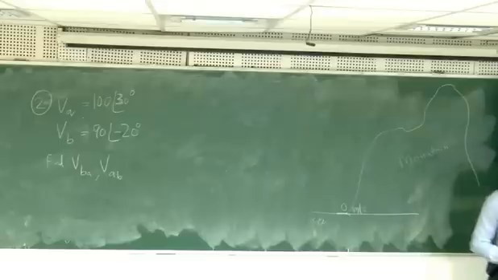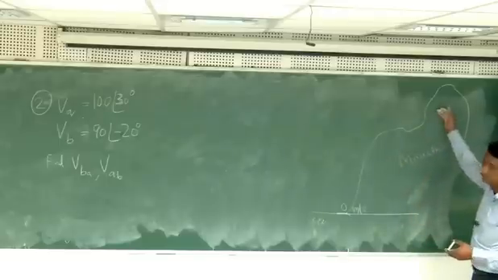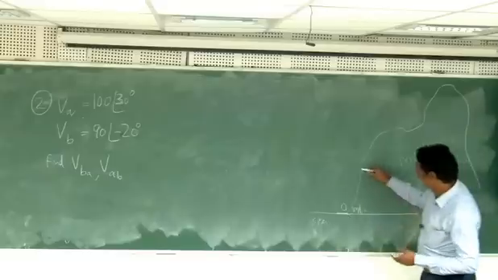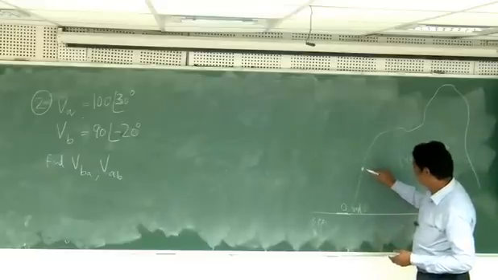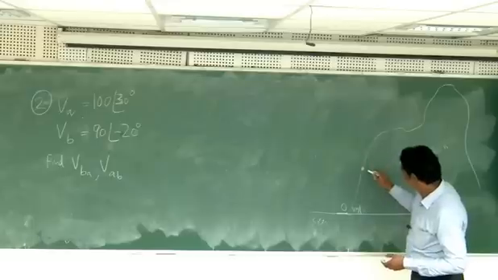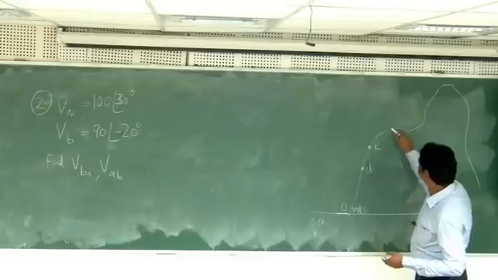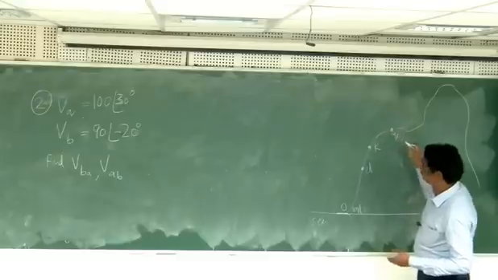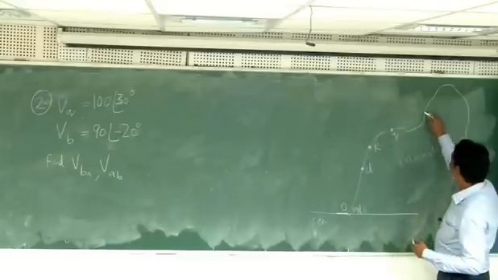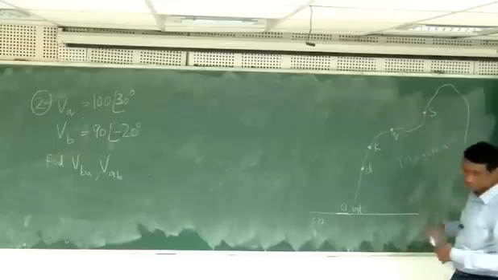So now at different points you will have different heights. Let's call this point D, and let's call this point K, let's call this point Q, something like this. Let's call this point S.